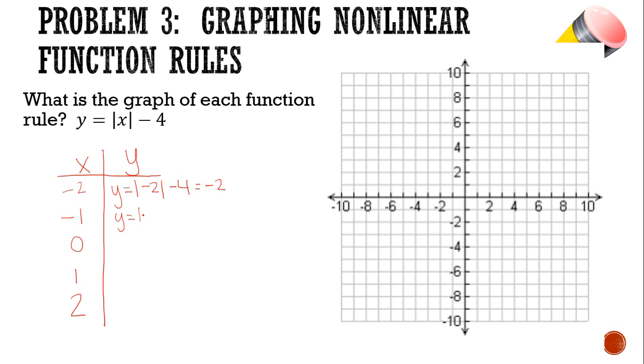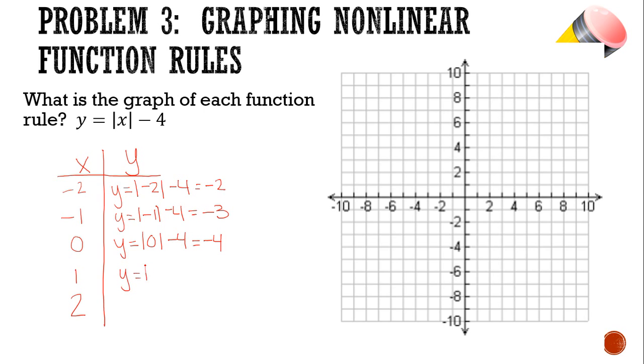If I plug in a -1, it's going to give me positive 1 in there. Positive 1 minus 4 is a -3. If I plug in 0, I'm going to get absolute value of 0, 0, minus 4, -4.